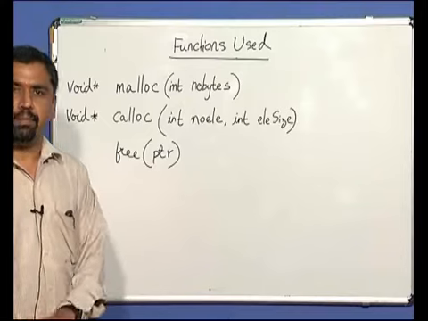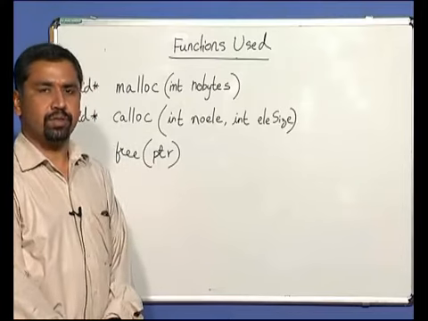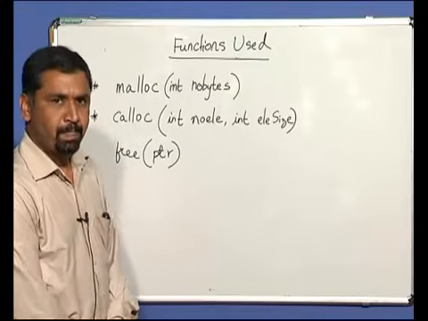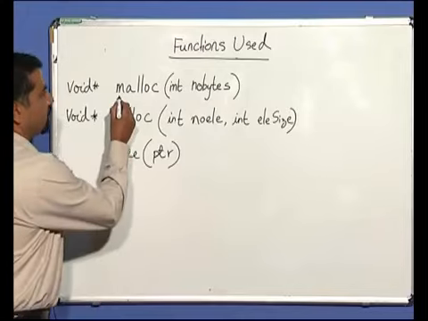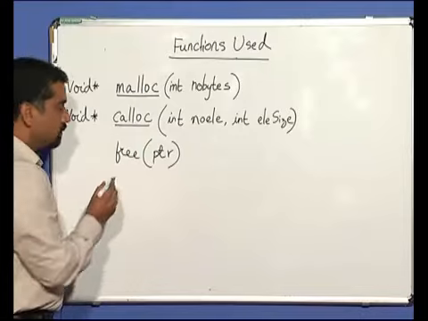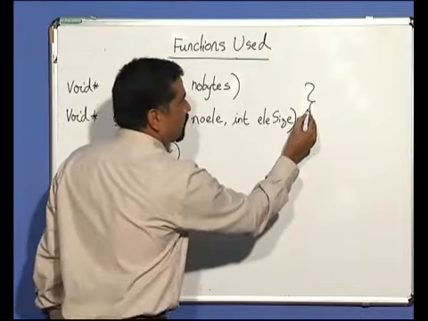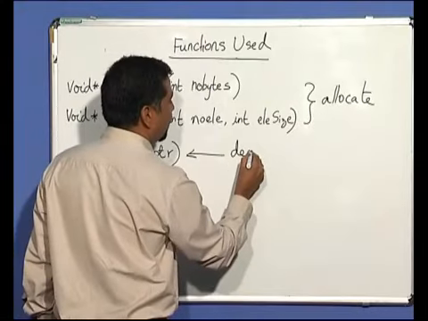There are three main functions that are usually used whenever we want to dynamically allocate memory in C. They are, namely, malloc, memory allocation, calloc, and free. These first two are used to allocate, and this function is used to deallocate memory.